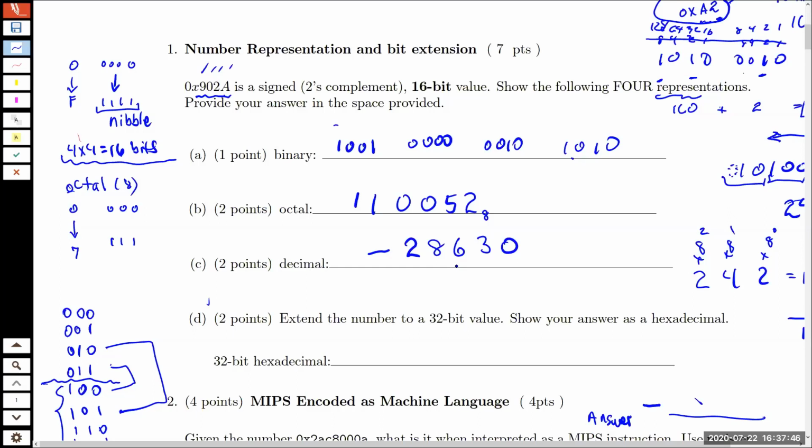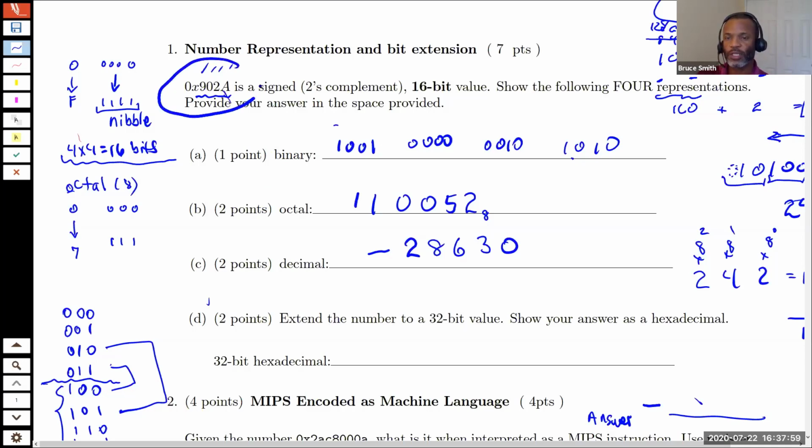Professor? Yes. So just looking at the hexadecimal value, how do we know that it's a negative? Well, this hexadecimal value, I know that there's a 1 that is the most significant bit if I were to place it in a group of binary values. And the reason I know that it's a 1 is because of the 9.